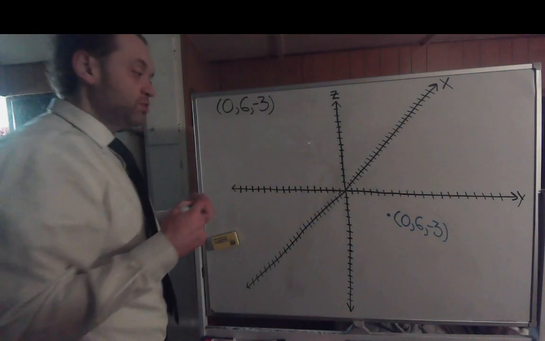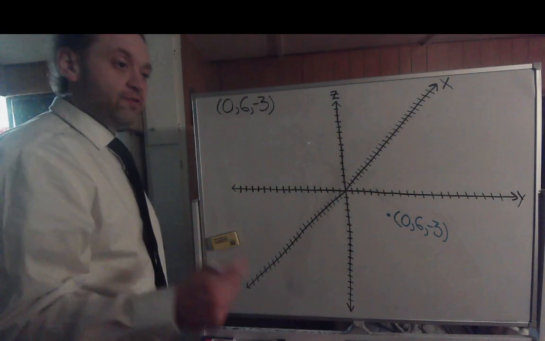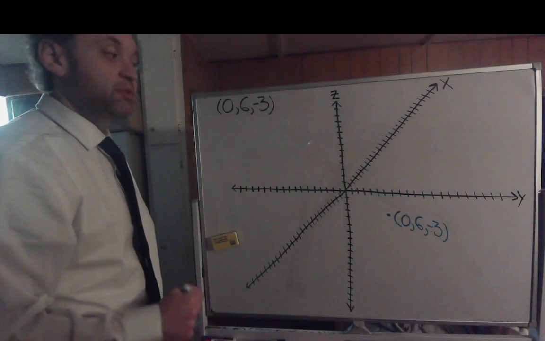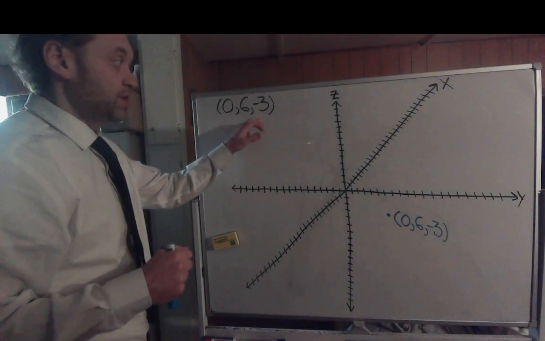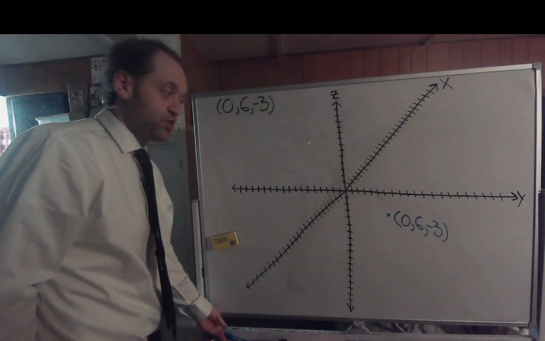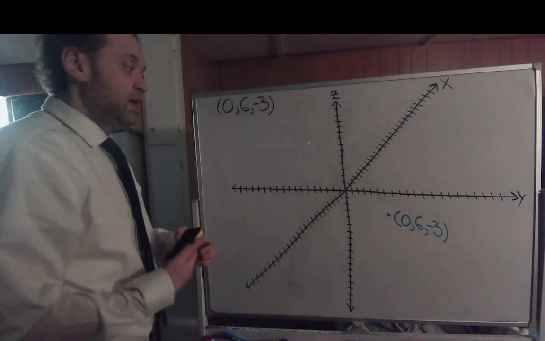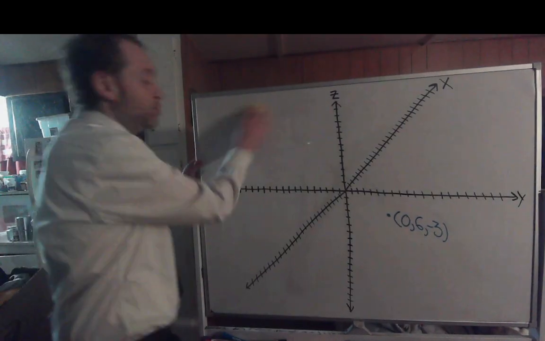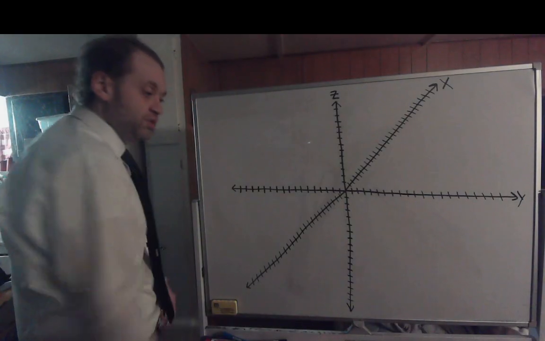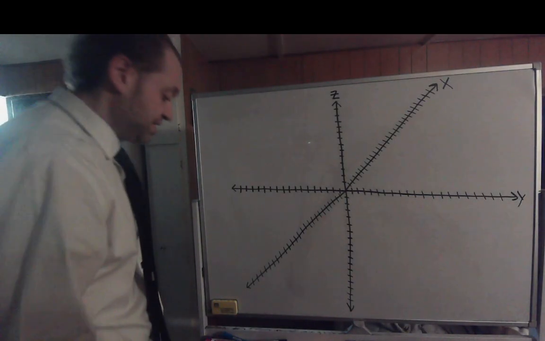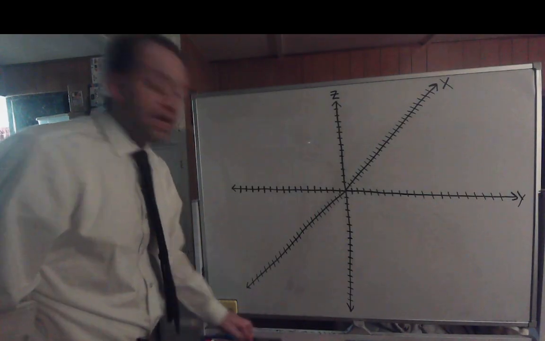So you're still moving in your x direction first, then your y second, but you move the z direction third. That's your third coordinate, the z direction. So that's really how you plot points in 3D. There isn't much to it. It's like plotting points in 2D, only you have the z-axis to consider.